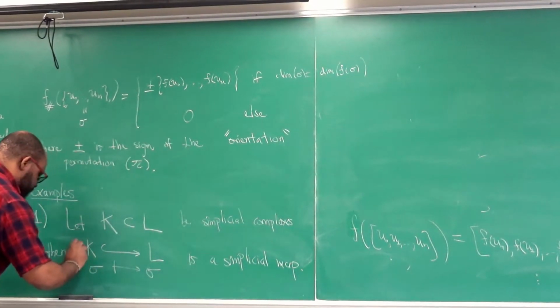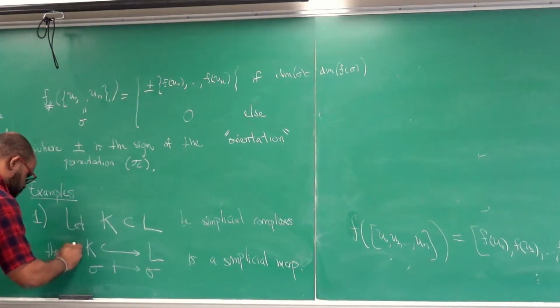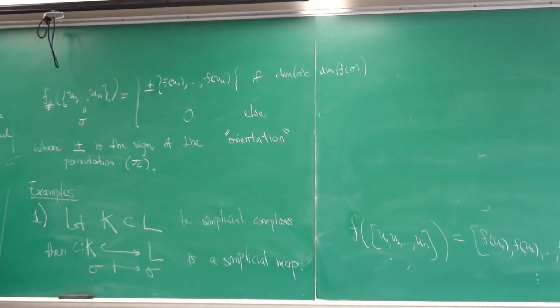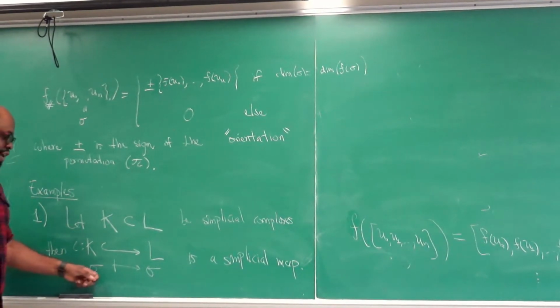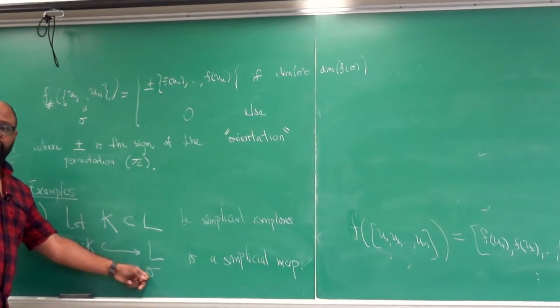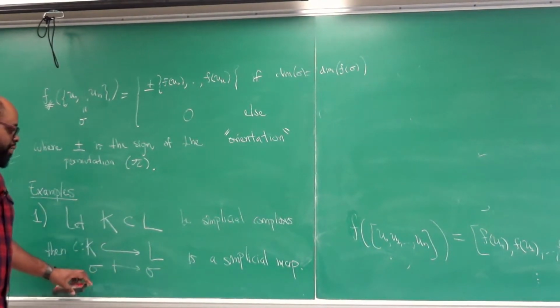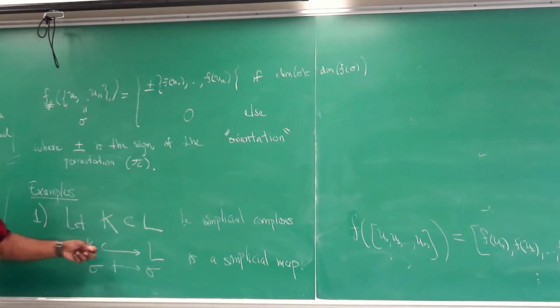Let me call this iota. Right? Just send a simplex to itself. That is an honest to God simplicial map. And it's called the inclusion of K into L.